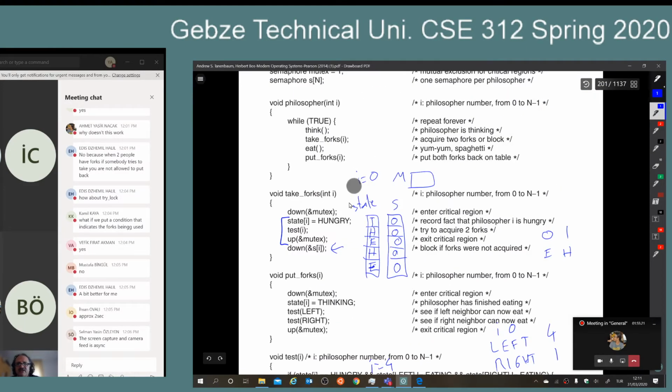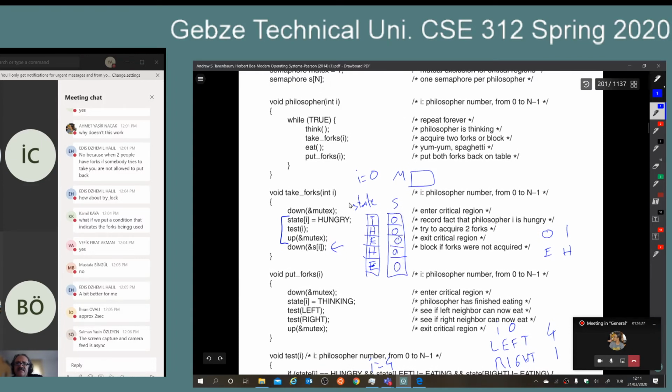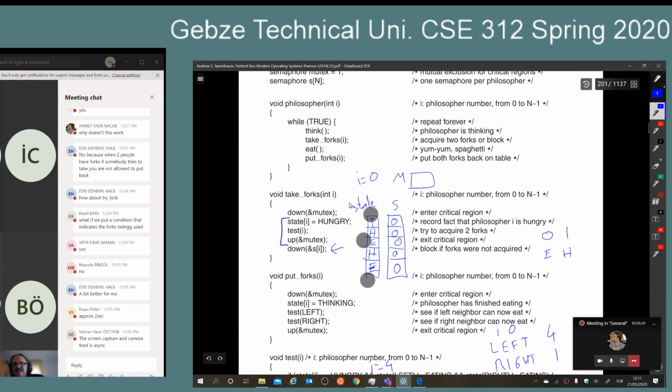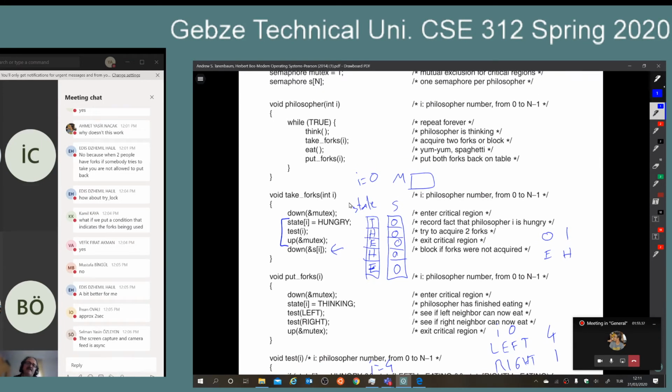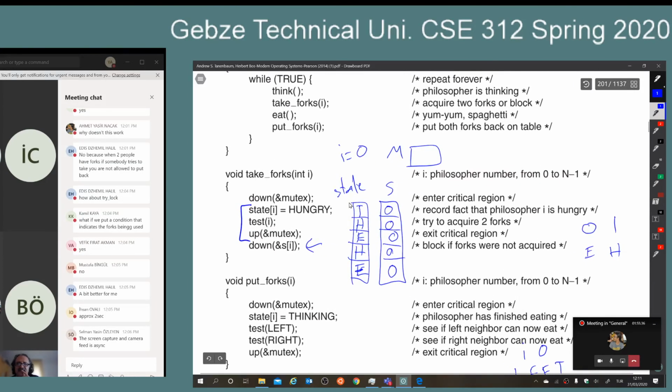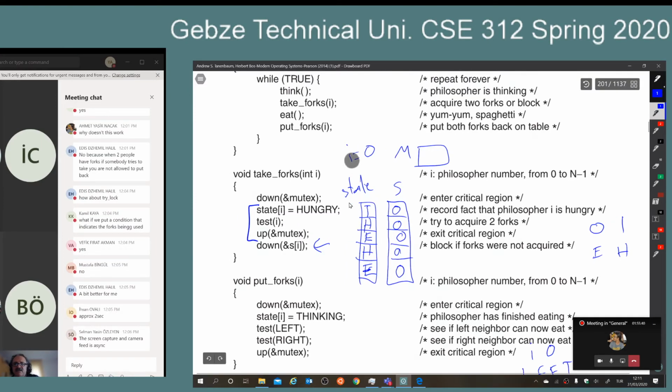I is the philosopher number. M is the mutex. S is the semaphore array. State is the state array. So let's say I is 0 and I called take forks.